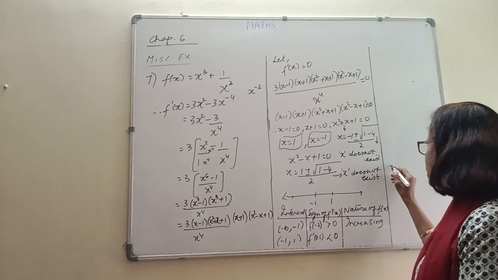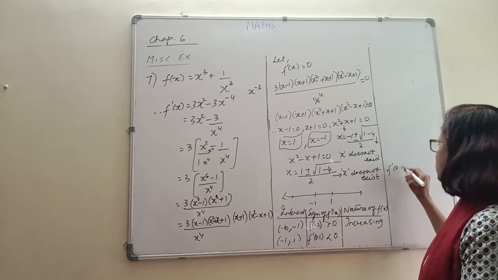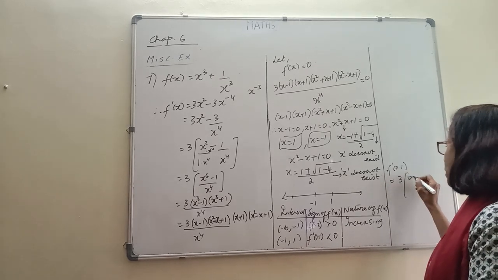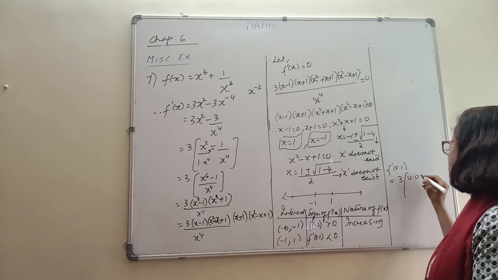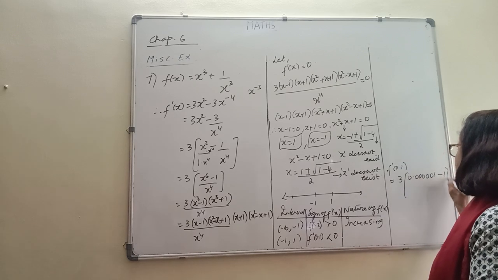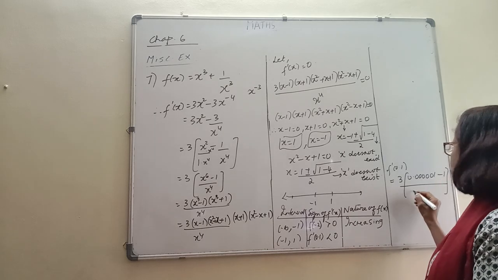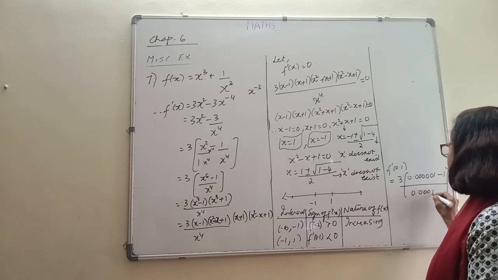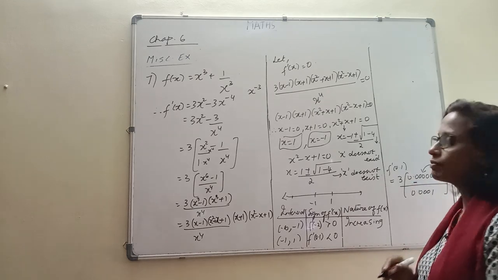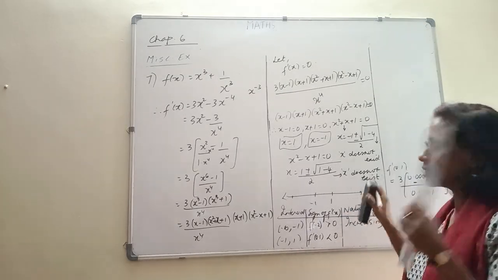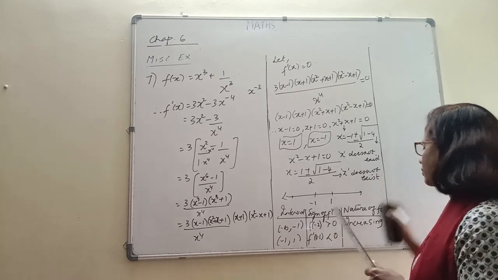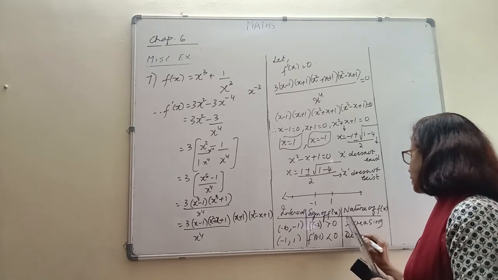You can actually look at the working like this: f dash at 0.1 is 3 times 0.1 raised to 6 minus 1 over 0.1 raised to 4. So this is obviously going to be a negative value, and that way this will be decreasing.